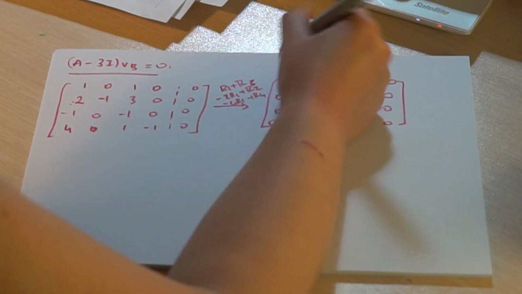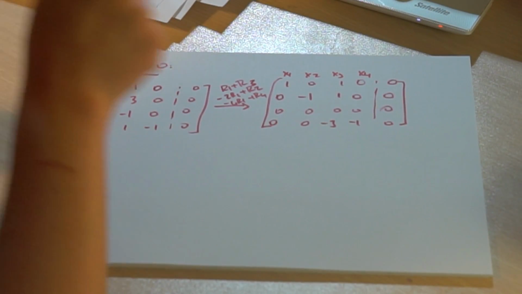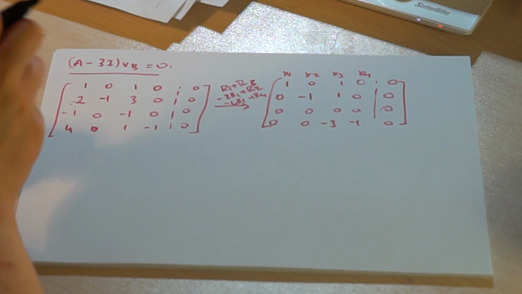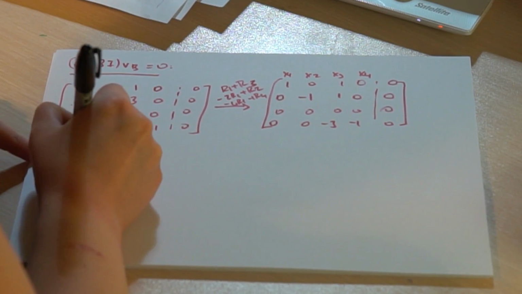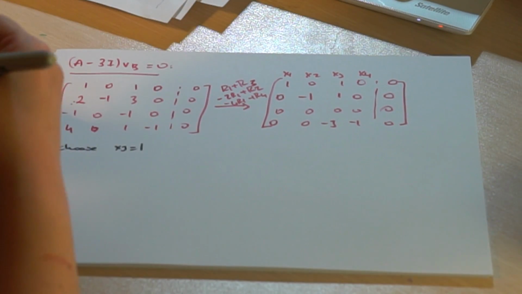So let's say x1 x2 x3 x4. Now choose x3 is equal to 1.